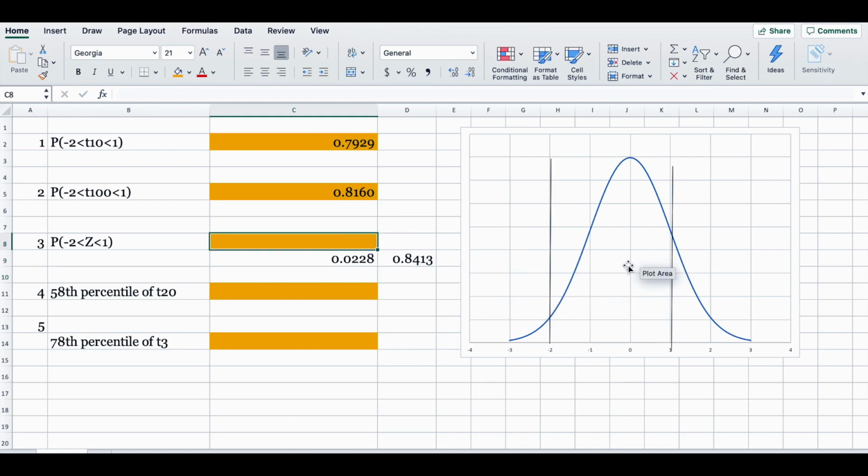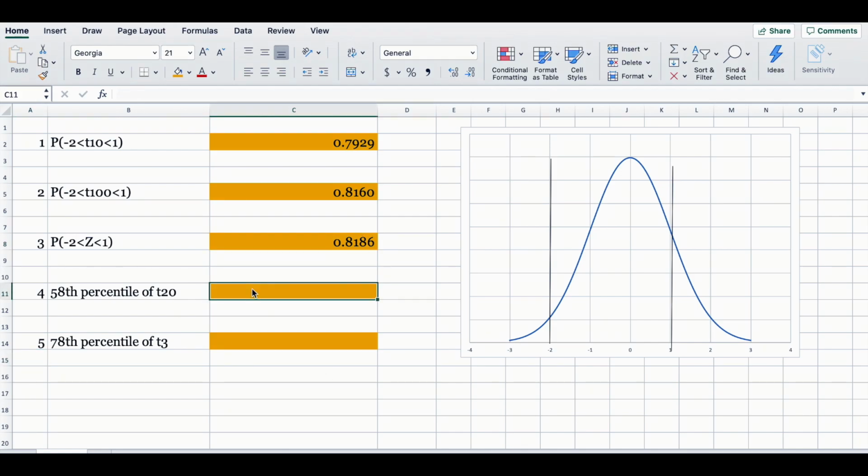Now to find the area between these 2 points, we're going to take the difference. So the area between -2 and +1 for the z distribution is 0.8186.